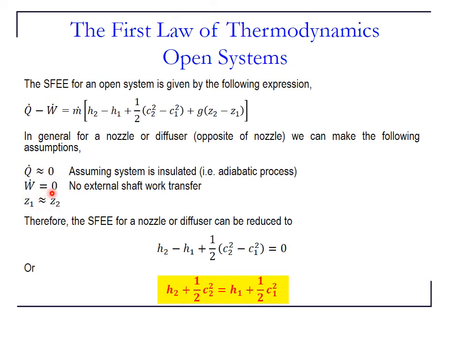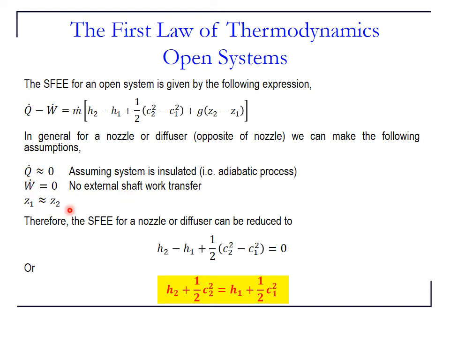The third assumption is that the change in the position of inlet and outlet is very small, so we can ignore that compared to the change in the velocities. The magnitude of that term is much smaller than this one or that one, so we can ignore the third term.